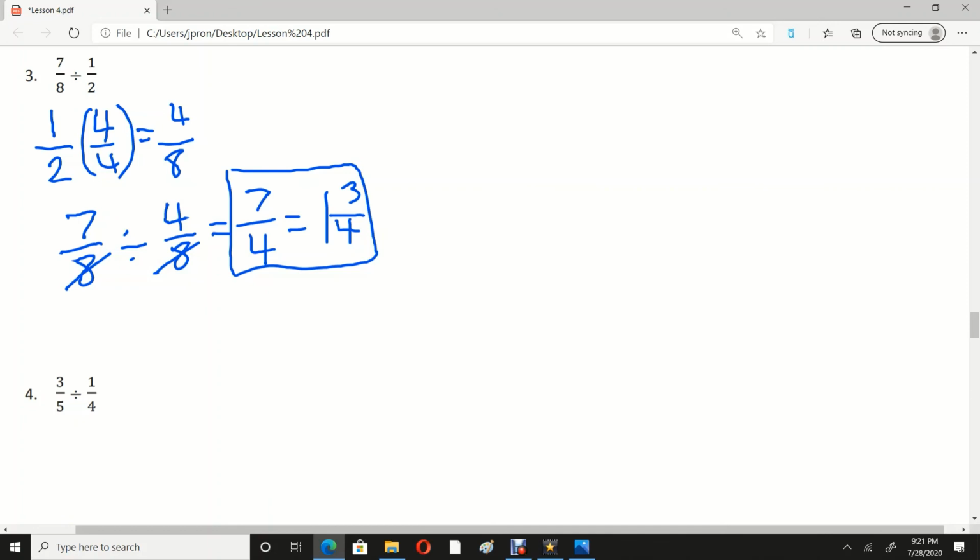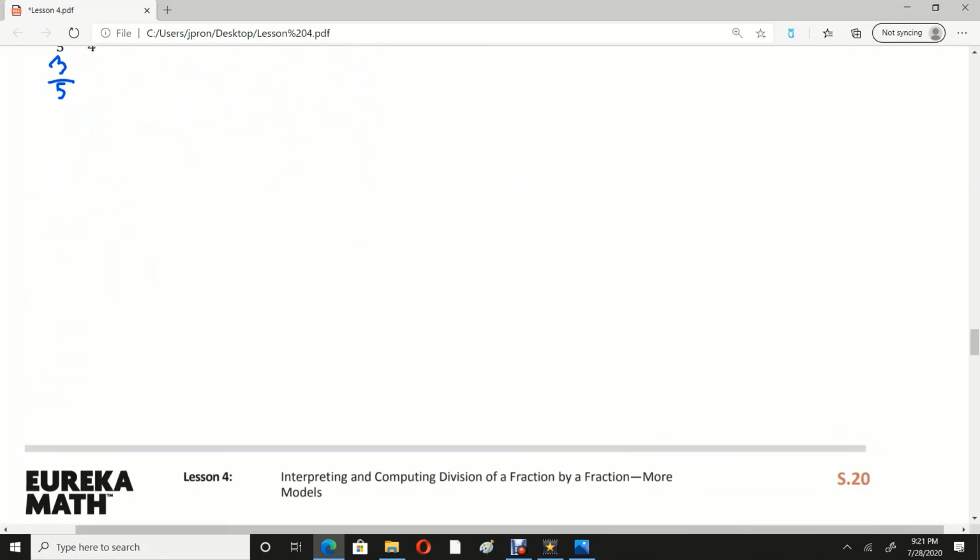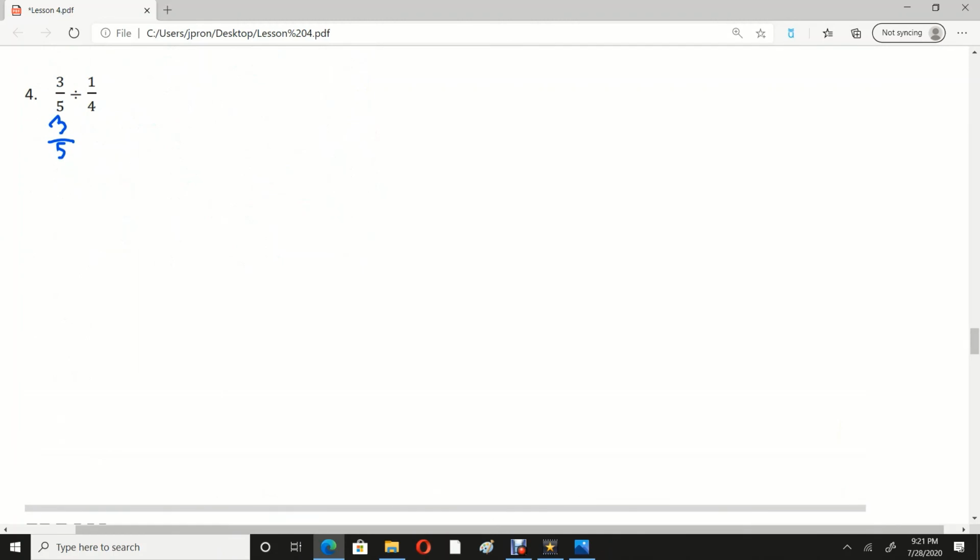All right. We have 3/5 divided by 1/4. So again, we want these to have common denominators. We're just going to multiply each one of the fractions by the other one's denominator to get a common multiple. So 3/5, multiply that by 4 over 4. Again, when we do this, we're not changing its value.